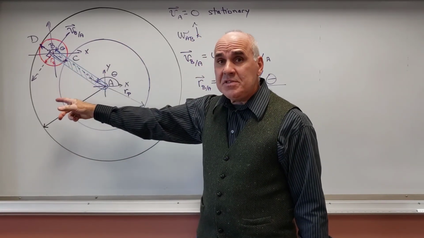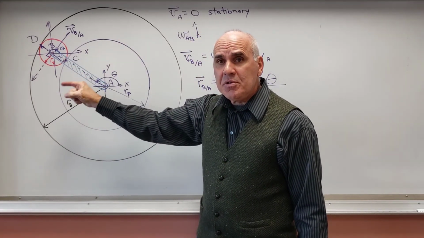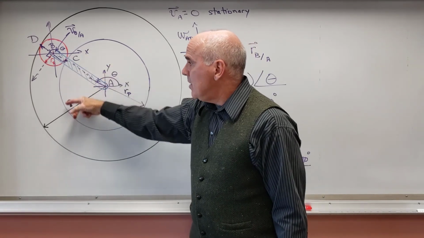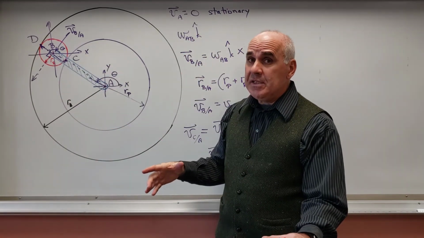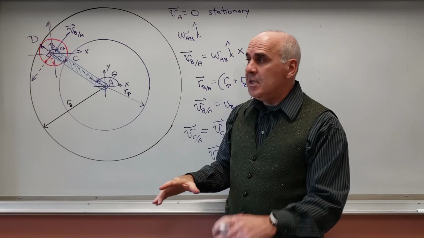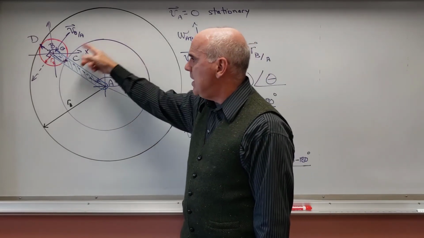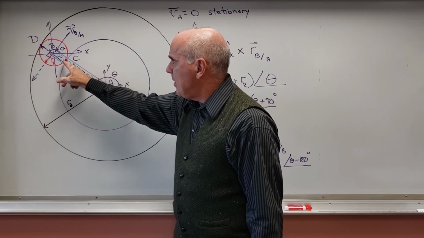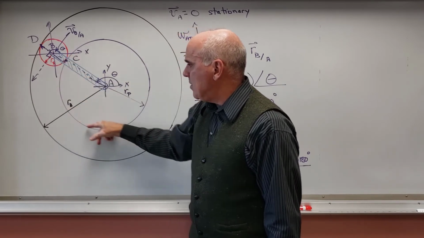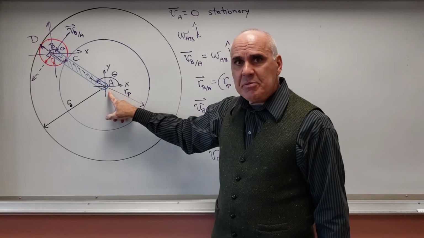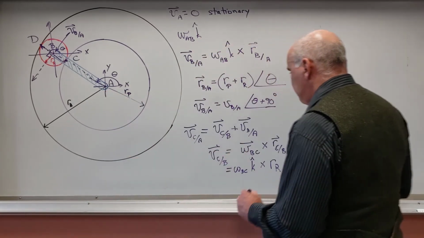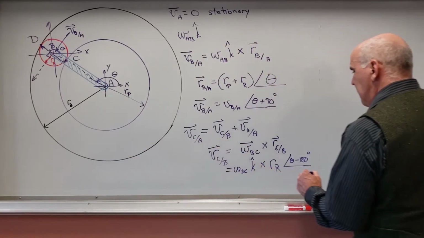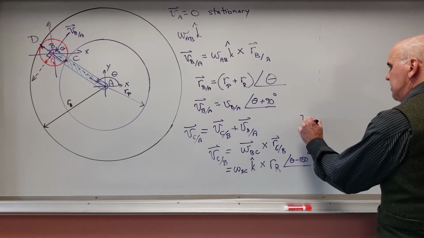Remember, the purple disk is stationary. In other cases the purple disk might not be stationary, but in this case, it is. And so if C is stationary with respect to the purple disk, it's also stationary with respect to A. So the velocity of C with respect to A must be 0.